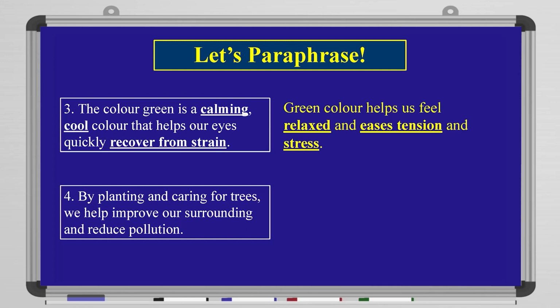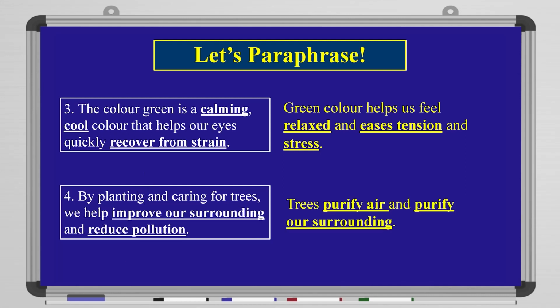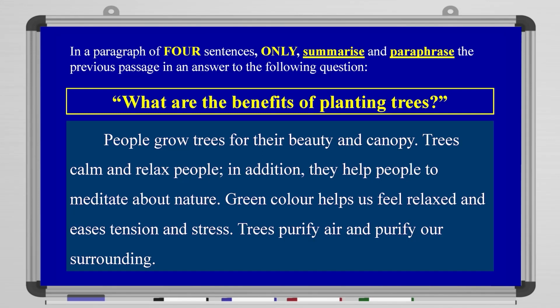Let's paraphrase that as well. We have improve our surrounding and reduce pollution. Let's change them to something different. Trees purify air and purify our surroundings. See what we did? Very simple changes in the sentence, but it has the same meaning. This is how your summary should look like in paragraph format, as well as paraphrased, and we made sure to use a connector in the middle.